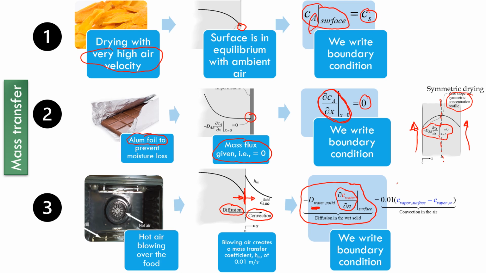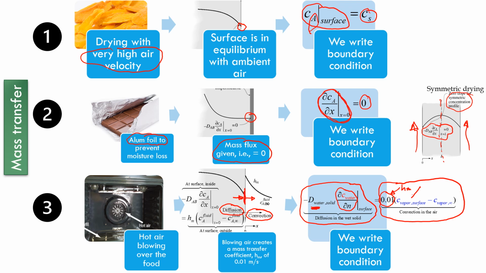And then what is removed from the surface is given by the convective mass transfer formula. So this is my h_m, mass transfer coefficient, times the condition at the surface minus the condition at infinity of the moisture.